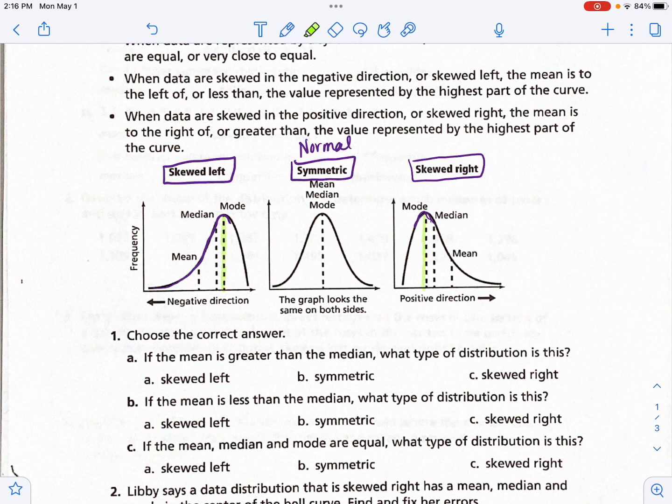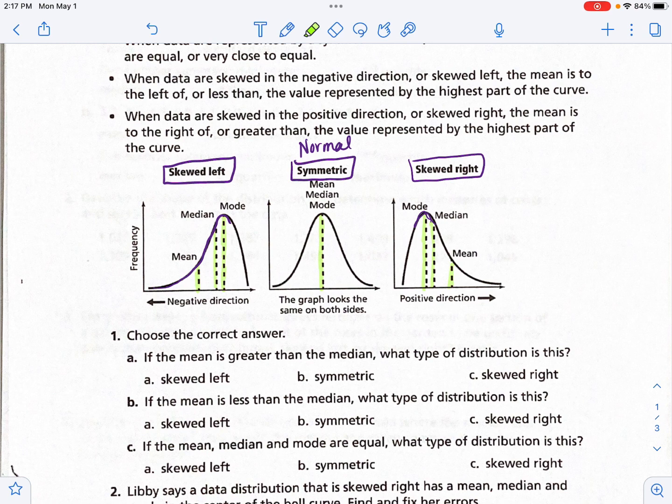And depending on where the numbers are, if there are more smaller numbers or more larger numbers, that's going to affect where your mean is and then where your median is, okay? Now, if it's normal or symmetric, the mean, median, and mode will all be right down the middle, or they'll all be very, very close to each other. That means everything's just normally or equally distributed, and that's usually really good information.